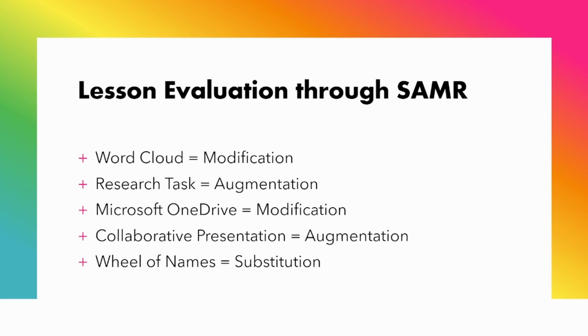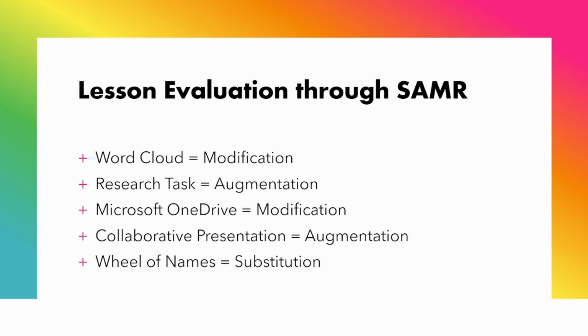But then the modification comes with the growing and shrinking of the words depending on how many people have suggested and contributed those words to the word cloud. So things that are more important are highlighted, are responded to more predominantly, and they grow larger in the word cloud. So that's where I believe the modification comes in.